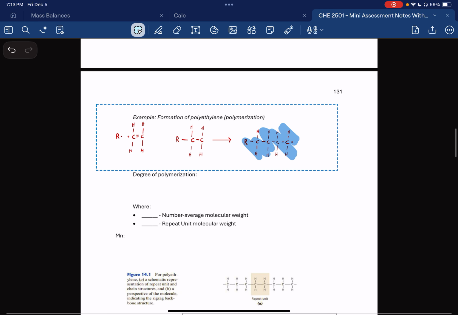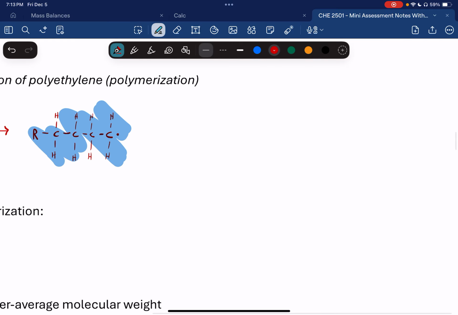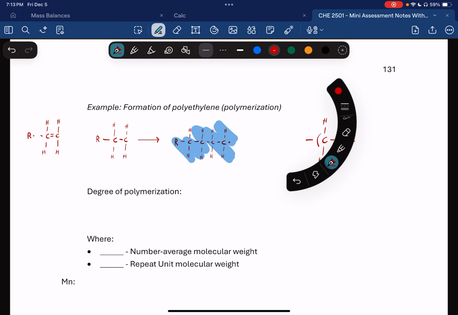So if we move this over here, just the general form, it'll look like this. To the end, it'll just go on forever, however long you want it to be. That's what it's going to look like for you.